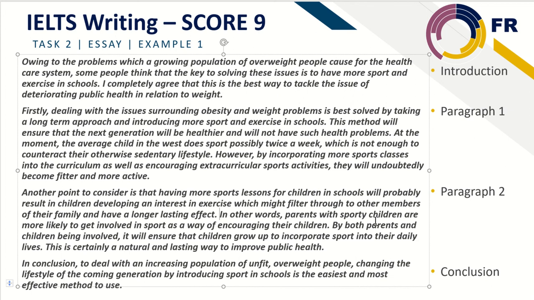"In other words, parents with sporty children are more likely to get involved in sport as a way of encouraging their children. By both parents and children being involved, it will ensure that children grow up to incorporate sport into their daily lives. This is certainly a natural and lasting way to improve public health." Again, this is similar to paragraph 1. It's just added on to more points of what you've written.